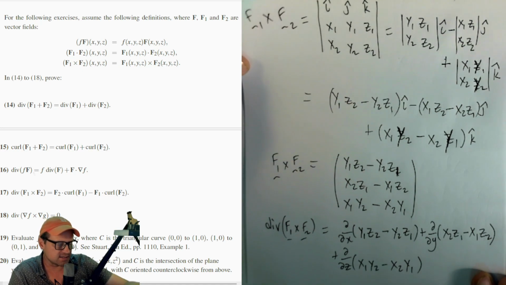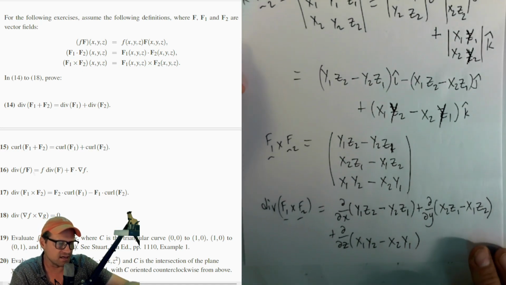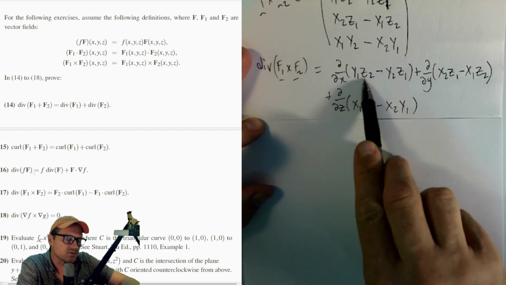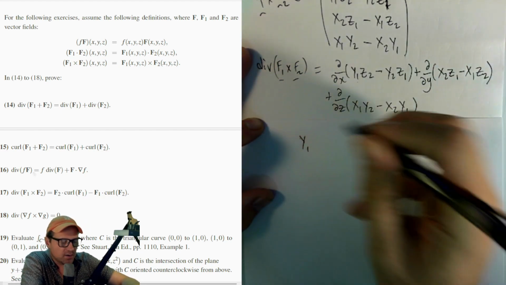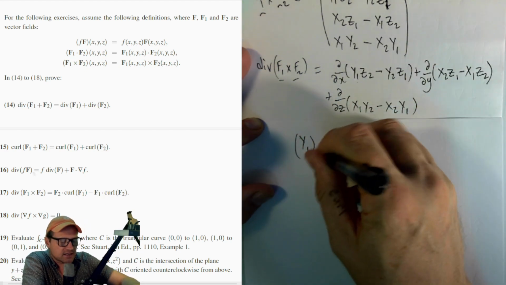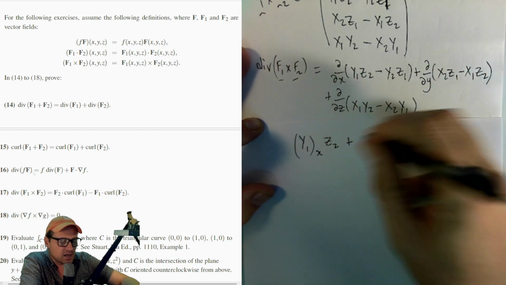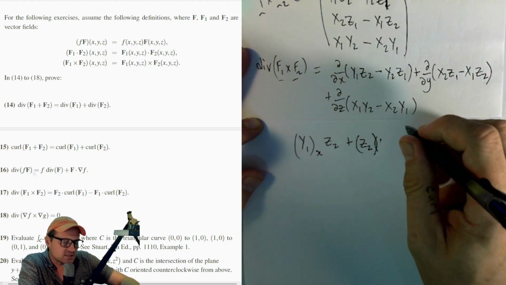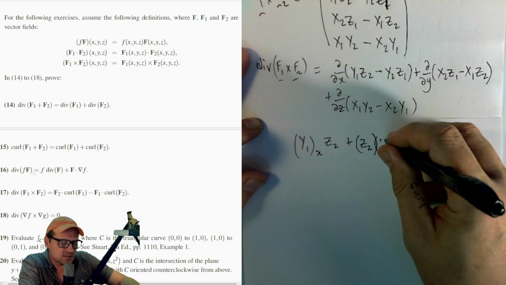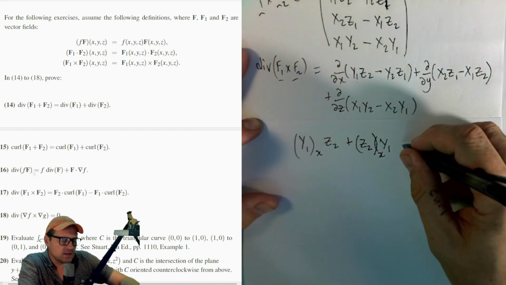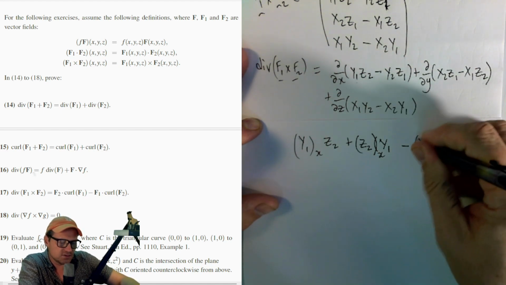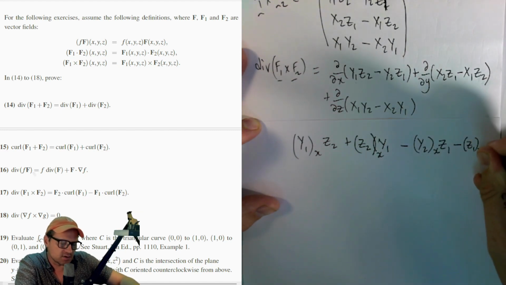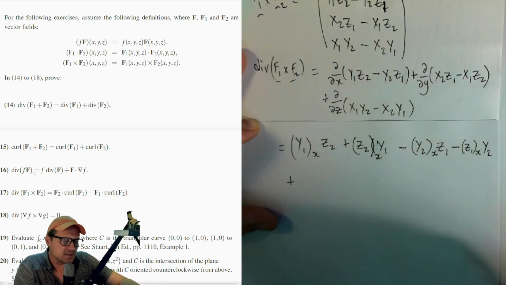All right, and so simplifying this, we're going to need the product rule here. Using the product rule on this one, we have y1 subscript x times z2 plus z2 subscript x times y1, and then minus y2 subscript x z1 minus z1 subscript x y2 plus.